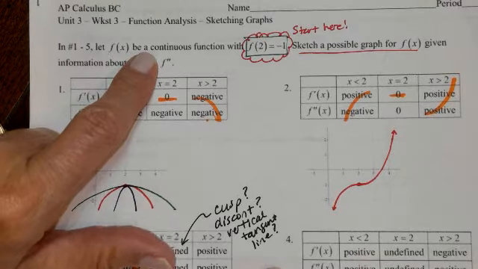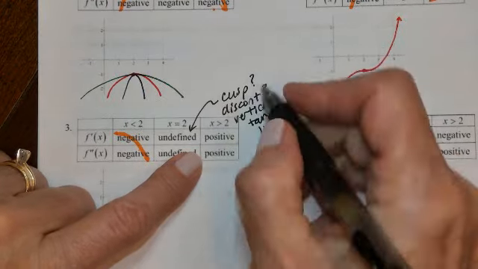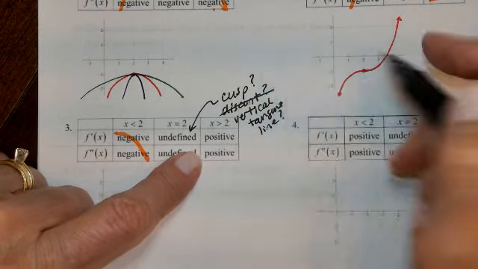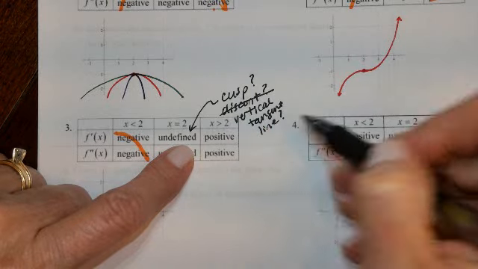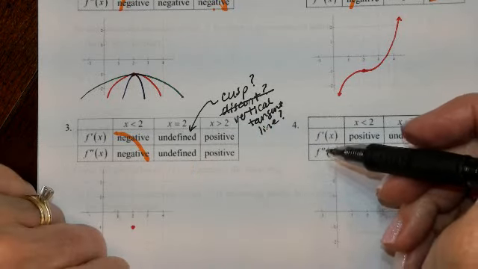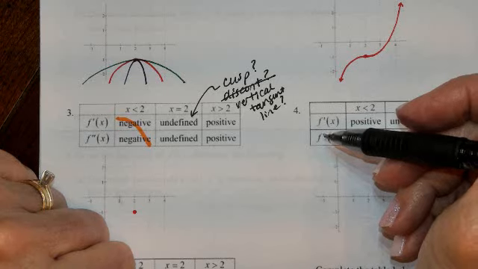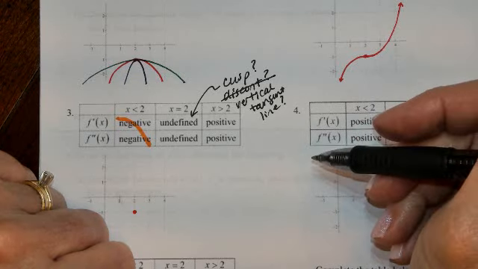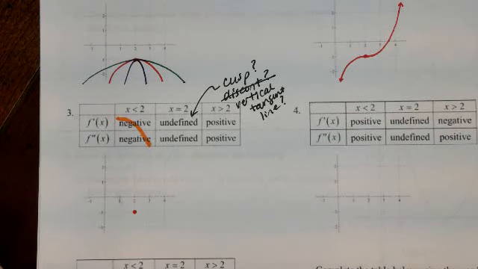Now, we were given that f is a continuous function, so it's not a discontinuity. So we're looking at either a cusp or a vertical tangent line, or both. So take that into consideration when you're sketching that graph. Go ahead and pause, finish that little problem, and then come back.